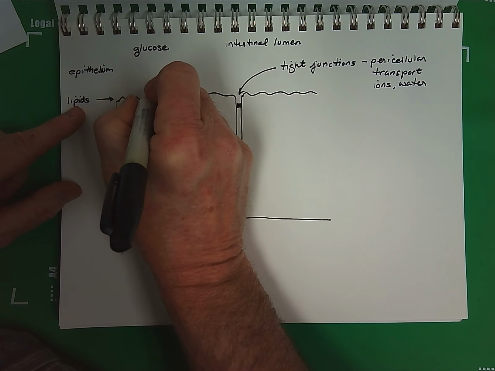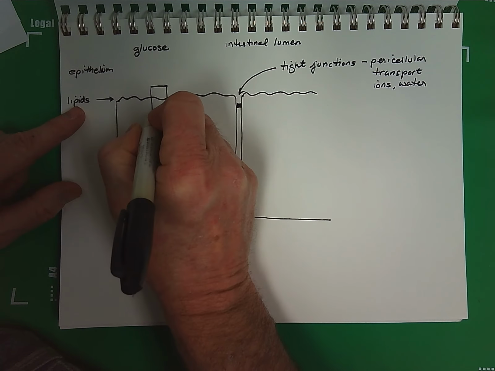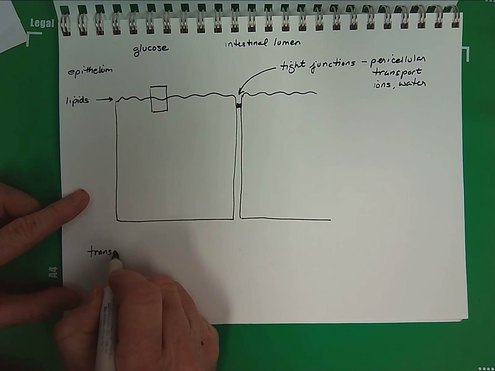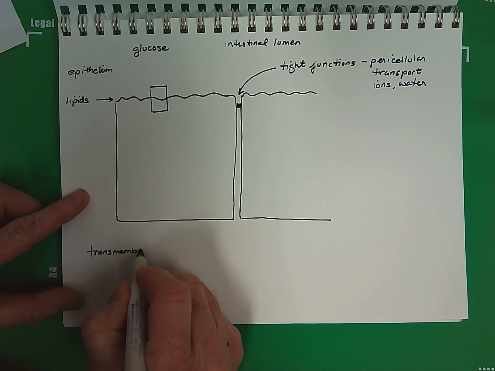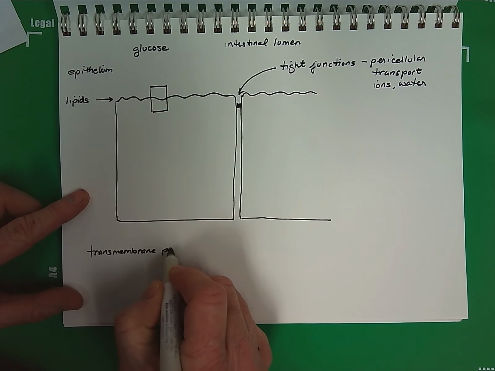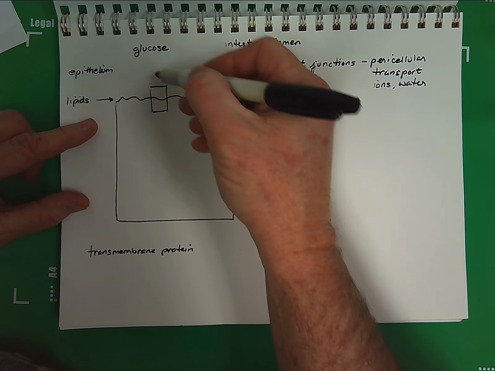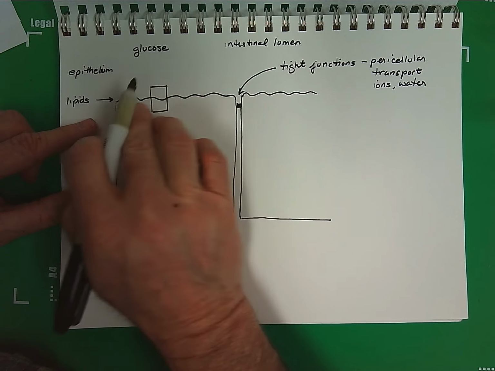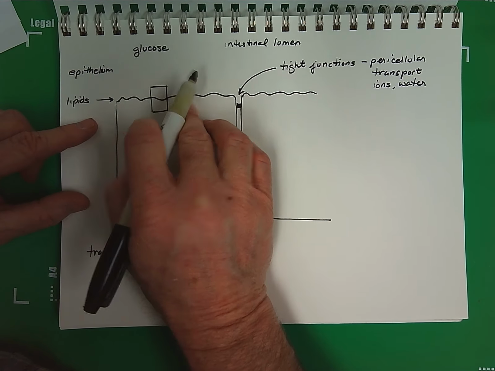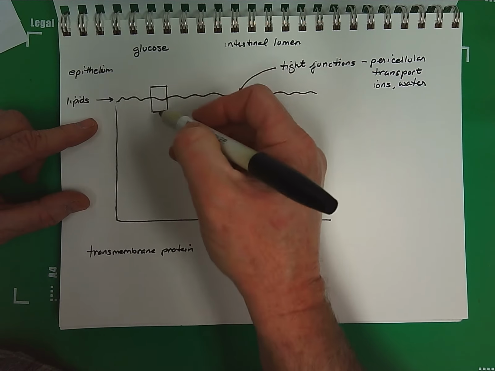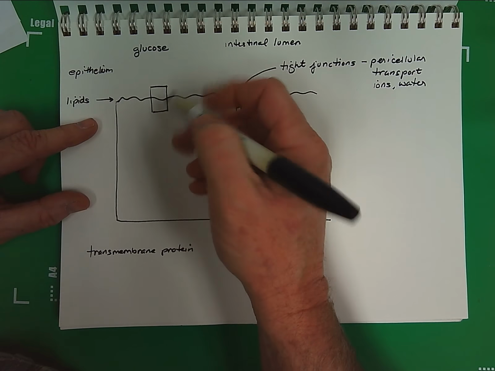The transporter for glucose is a transmembrane protein. This transmembrane protein allows passage of material across this lipid layer because the protein itself can harbor an aqueous environment, such as a channel type activity.